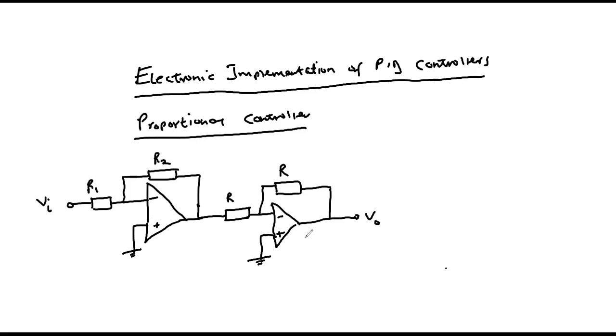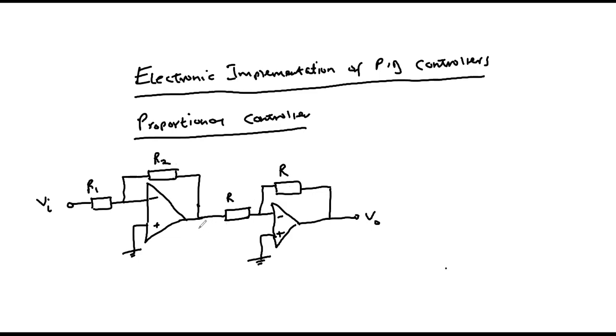So this is our operational amplifier network, where in the first stage, we have resistor R1 on the forward path and resistor R2 on the feedback path. But in the second stage of the operational amplifier network, both the resistors on the forward and feedback paths are equal.